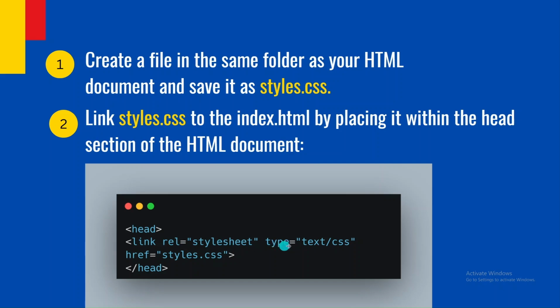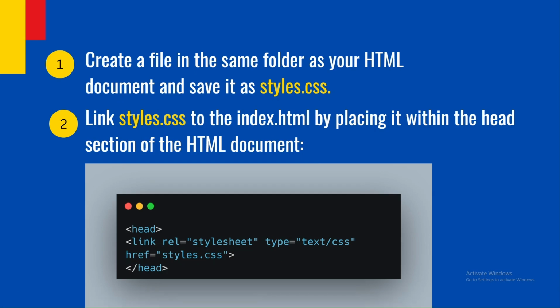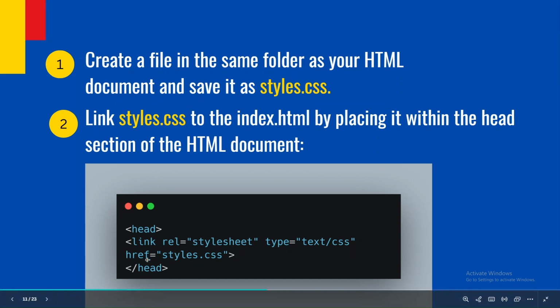Then you have a type attribute that says that the type of file we are using is a CSS file. Now the href would point to the location of your CSS file. So because the CSS file is in the same location as my HTML document, I'm going to point to the same directory, that's styles.css.